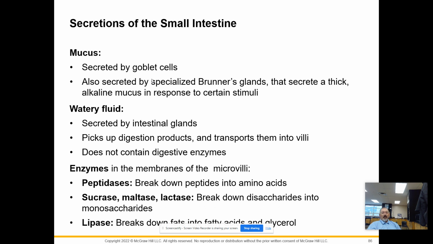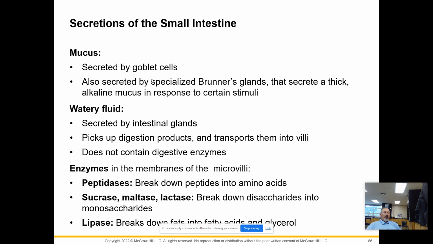So this is going to be a thick alkaline secretion. Remember that alkaline, because the chyme is going to have that hydrochloric acid from the stomach. So now once it's there, we need that bicarbonate to bring down that acidity, so we're not digesting our small intestine. We also have the release of watery fluids.